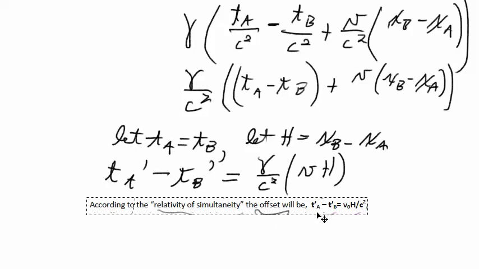To say that the offset will be t sub a prime minus t sub b prime equals v sub naught h over c squared. This is what you would actually calculate if you specified that t sub a was equal to t sub b.